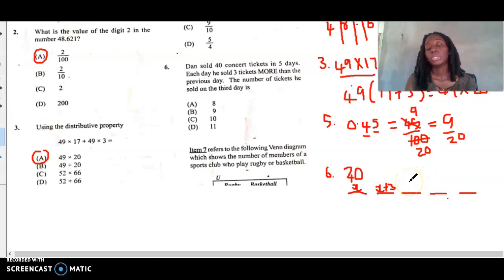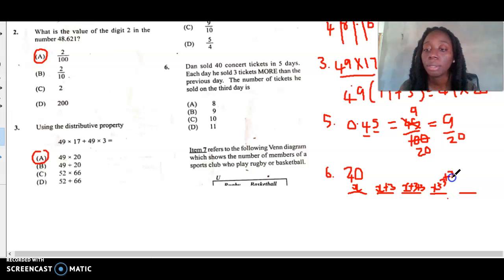So on day 3 he would have sold X plus 3 plus another 3. Okay, good. On day 4 he would have sold X, plus 3 plus 3 plus 3. I'm going to write it diagonal, please forgive me for that.